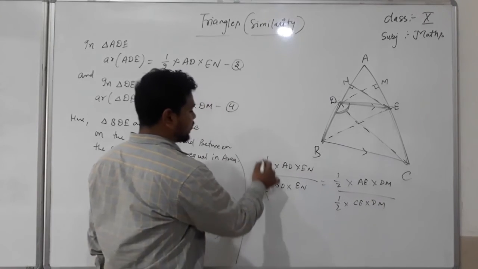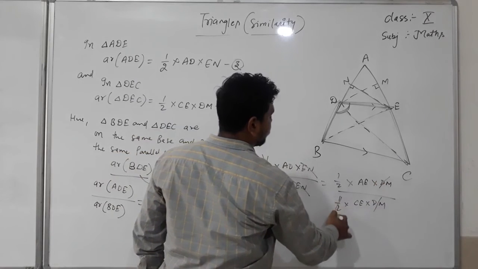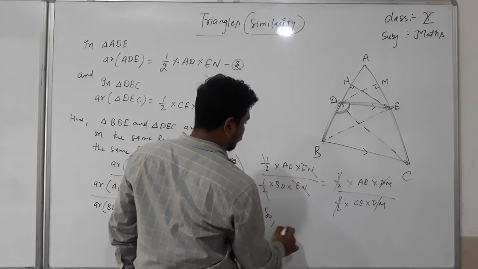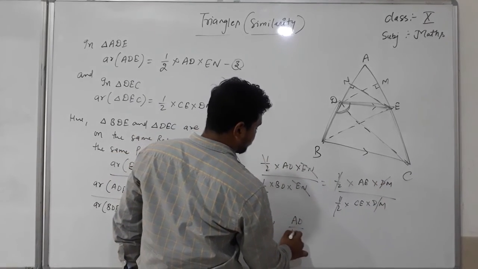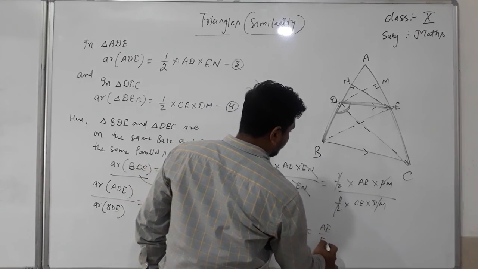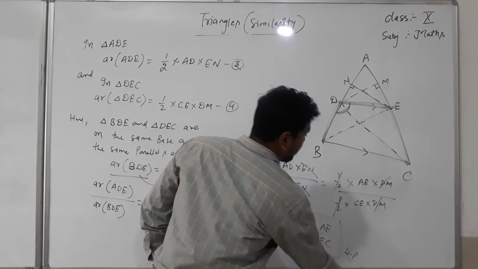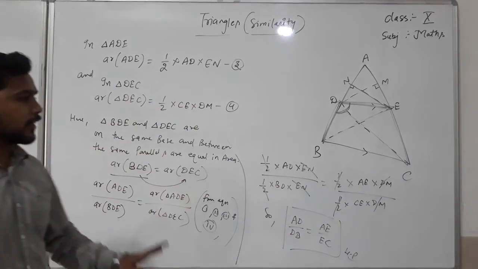Now 1 upon 2 is cancelled with 1 upon 2, EN is cancelled with EN, DM is equal to DM. So AD upon DB is equal to AE upon AC. So that is the BPT theorem, hence proved.